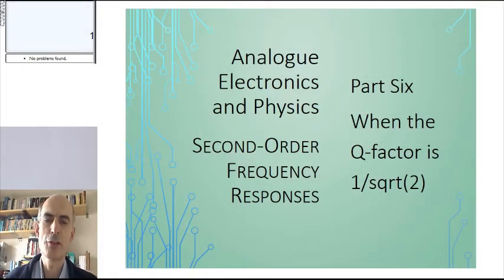The last special case I want to look at is the case where the Q factor is 1 over the square root of 2. What's interesting about this one becomes apparent when you start looking at the maximum value of the amplitude response.